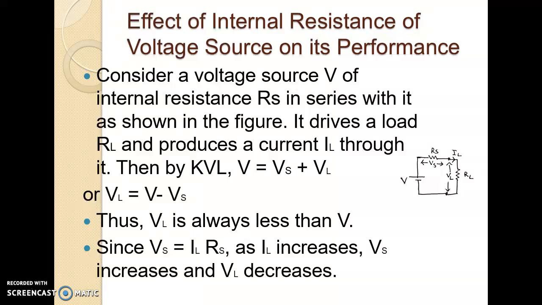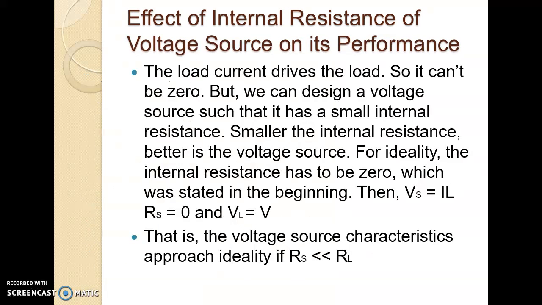You can see in this equation that Vs is the loss taking place in the circuit because of the internal resistance of this voltage source. So we can make Vs equal to 0 if either IL equals 0 or Rs equals 0. But since IL is the load current, required to make the load work, it can't be 0.